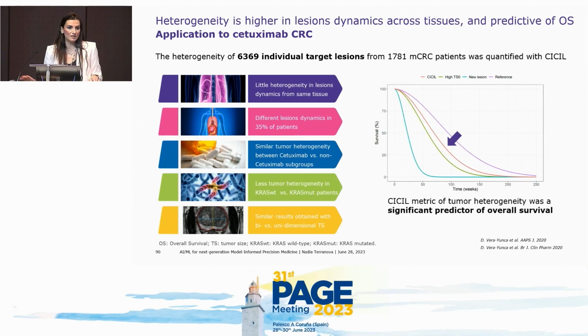We also assessed CCIL in a multivariable Cox proportional hazard model for overall survival, and we found that it was a significant predictor, with patients having higher tumor heterogeneity being associated with shorter survival time.